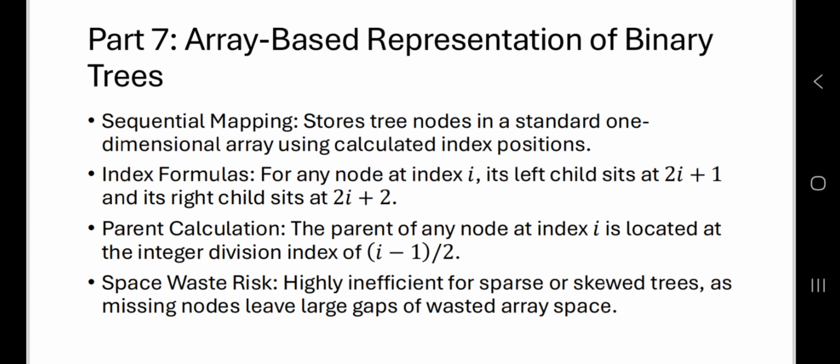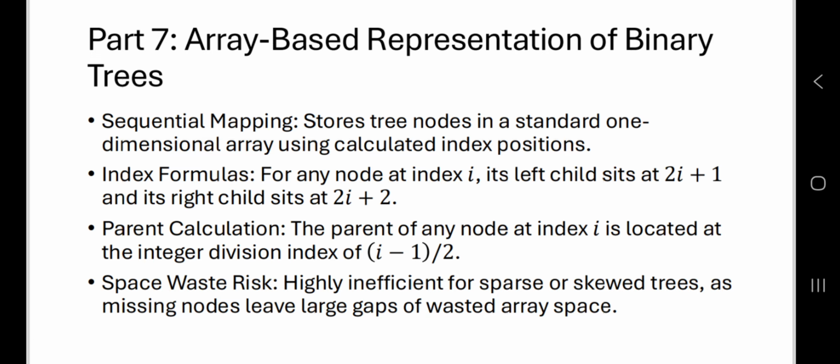Array-based representation of binary trees. So how do we store trees in computer memory? One way is using an array-based representation. This involves sequential mapping, storing tree nodes in a standard one-dimensional array using calculated index positions. We use specific index formulas: for any node at index i, its left child sits at 2i plus 1, and the right child at 2i plus 2.